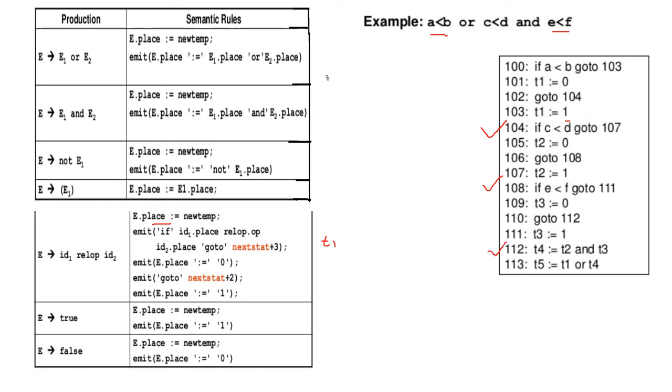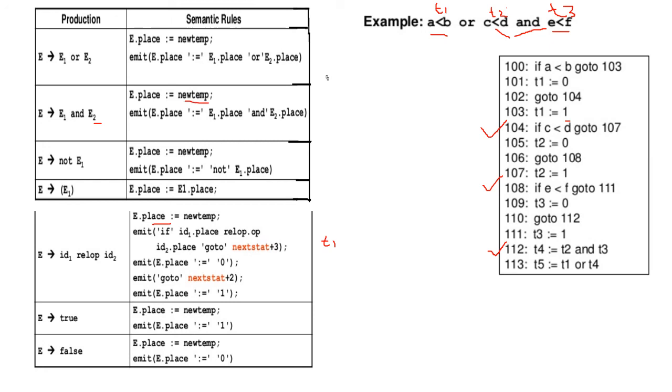In 112, what do we have to do? Now we got the A less than B result in t1, C less than D result in t2, and E less than F in t3. Now considering the precedence of operators, first we have to perform T2 and T3. That is T4 equal to T2 and T3. See here, E1 and E2. E.place equal to new temp.